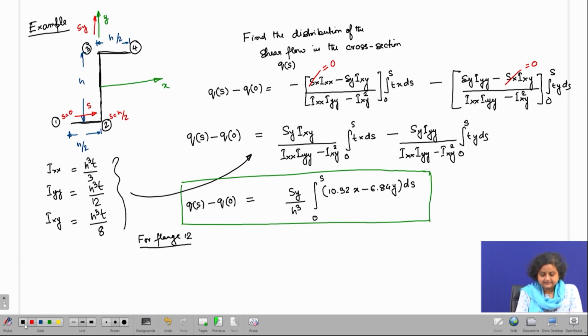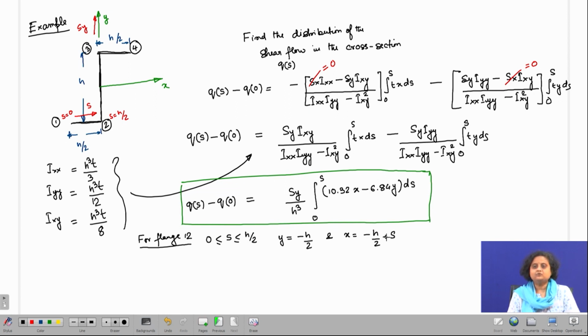If we consider this, then for flange 1 2, s is going to vary between 0 and h by 2, and y can be written as, for the flange 1 2, y is always equal to minus h by 2 and x is always going to be equal to minus h by 2 plus s, because when s is equal to 0, x is minus h by 2.